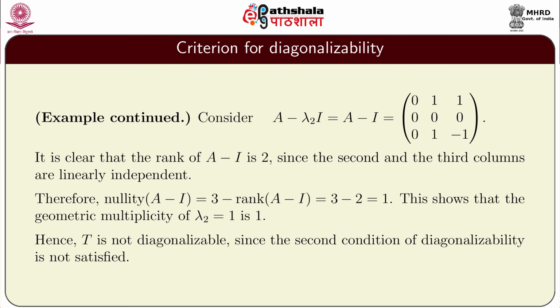Therefore, the geometric multiplicity of the eigenvalue lambda 2 equal to 1 is 1. So, in this case, the geometric multiplicity is not the same as the algebraic multiplicity for this eigenvalue, and therefore, T is not diagonalizable, since the second condition of diagonalizability is not satisfied.